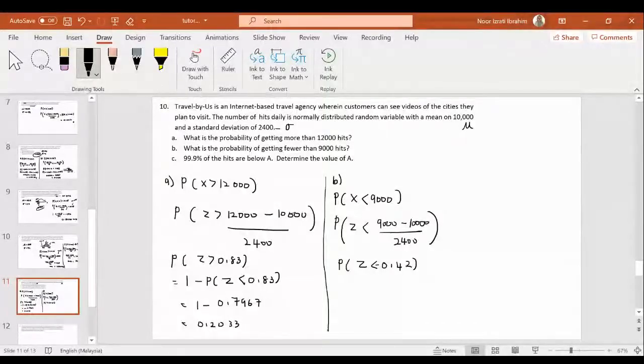From the table, the probability when z is less than negative 0.42 is 0.3372. So this will equal 0.3372.